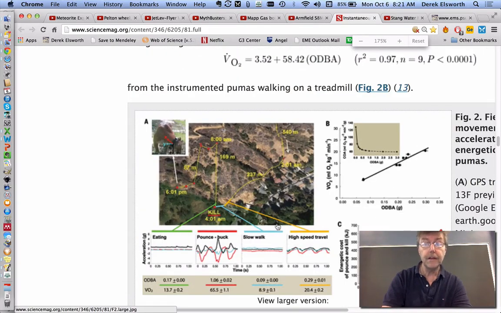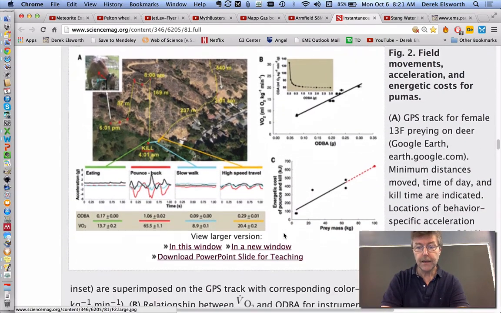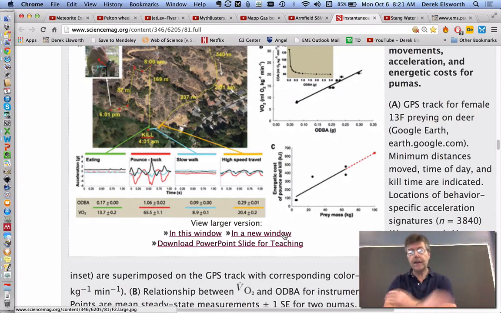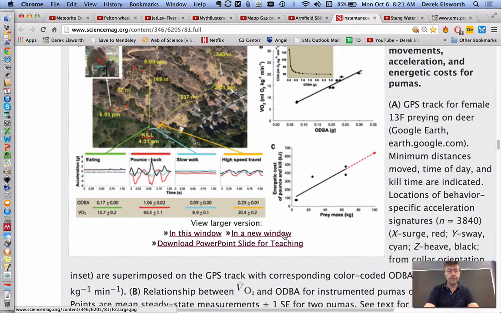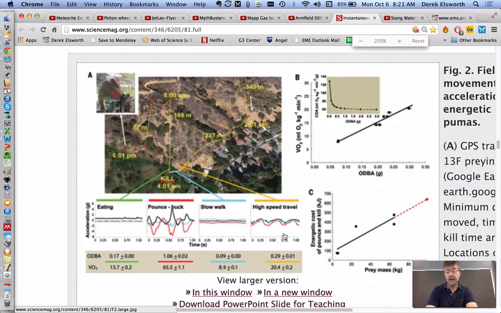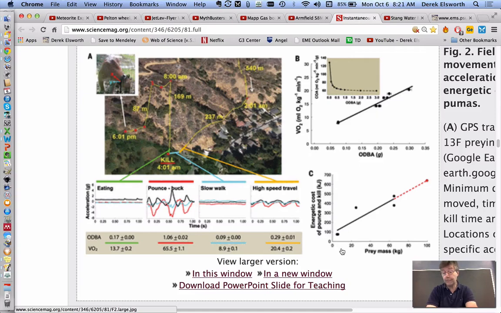So they're talking about when pumas kill animals, that they choose how much energy they put into their pounce depending on the size of the animal. And so if you look at this figure here, it's the mass of the prey that they're preying on. I don't know what is 5 kilograms versus 100 kilograms. 100 kilograms, I guess, is person size.